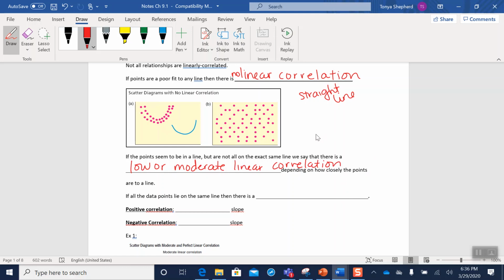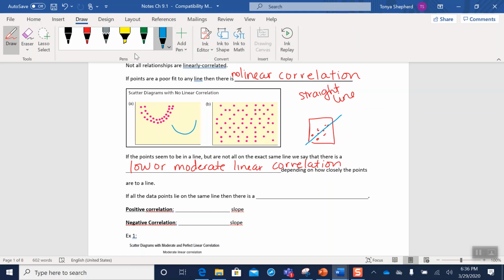Okay, so for example, if I have a graph and I have some dots and they kind of look like this, they're kind of going in that direction. That would be a low or a moderate linear correlation.